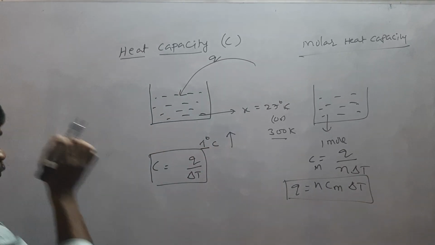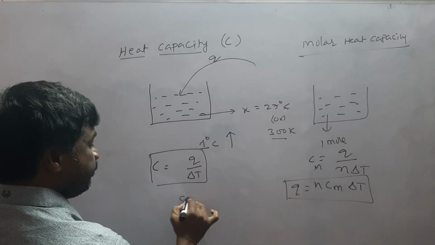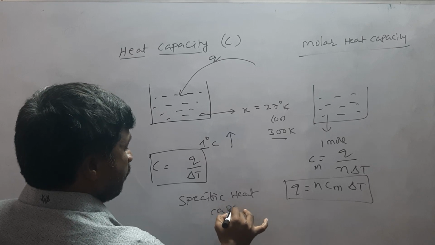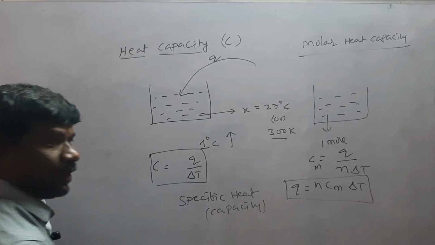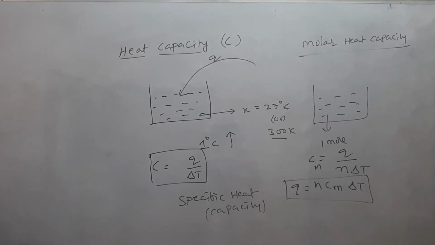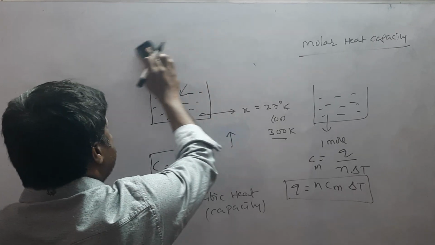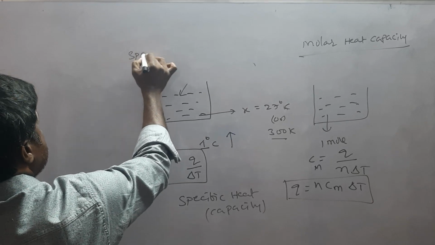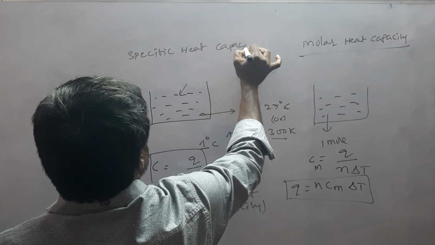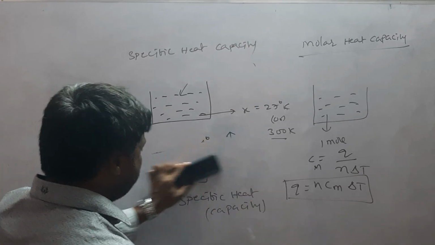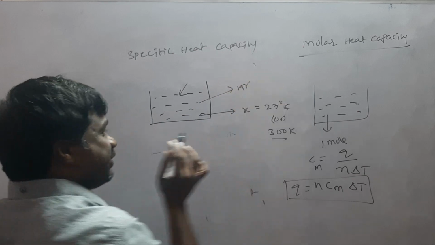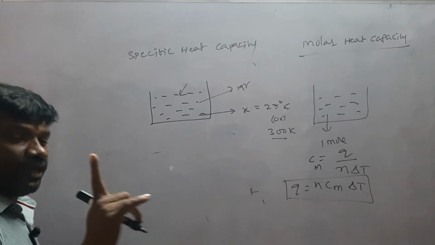Then one more is specific heat capacity. What is the specific heat capacity? Here we are taking 1 gram of substance to increase the temperature by 1 degree.